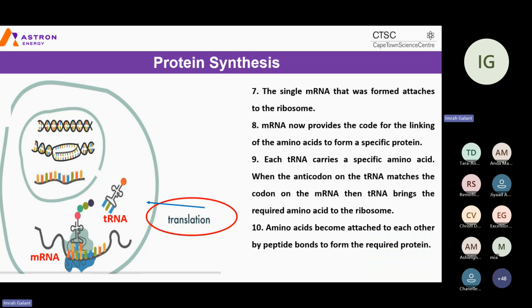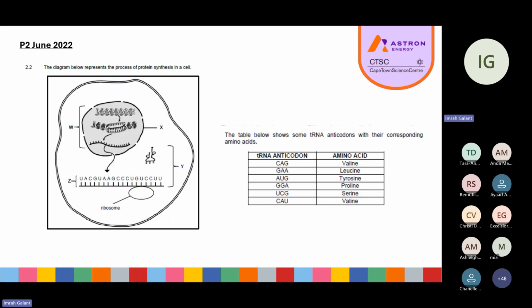Sorry about that, guys. The question reads: the diagram below represents the process of protein synthesis in a cell. The table below shows some tRNA anticodons with their corresponding amino acids.